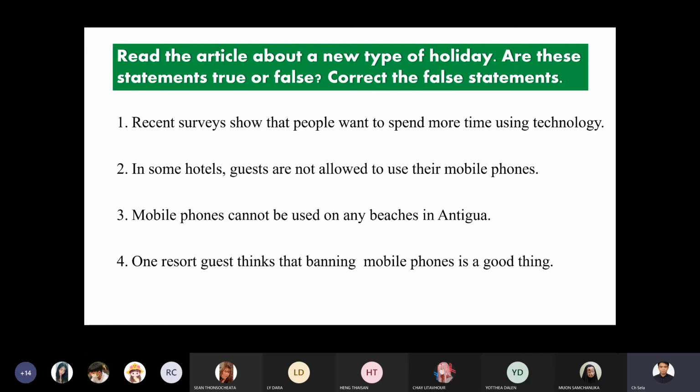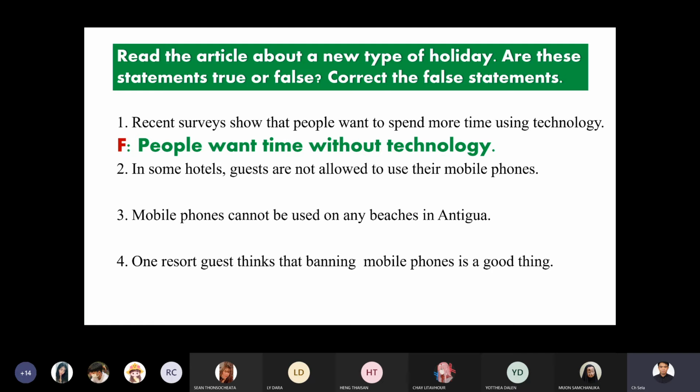Okay, recent surveys show that people want to spend more time using technology. This one is false. People want time without technology nowadays so they can relax. Like you said, Chanlika, if people can have time without technology, the answer is: people believe that time without technology makes them a better person and gives them more time for their loved ones.